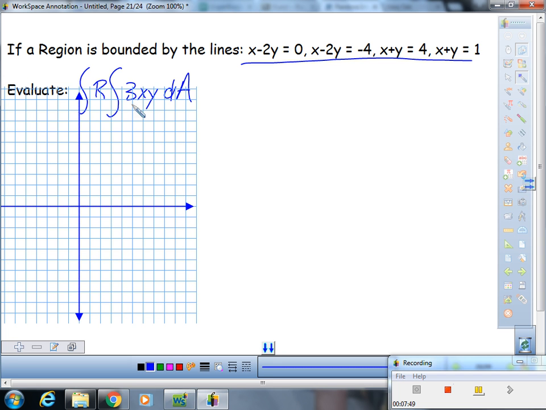So, x minus 2y equals 0. What are my intercepts? Well, 0, 0, right? And then what's another point on that? 6, 3. Is that right? Then the second one has the intercepts of negative 4, 0 and 0, 2.